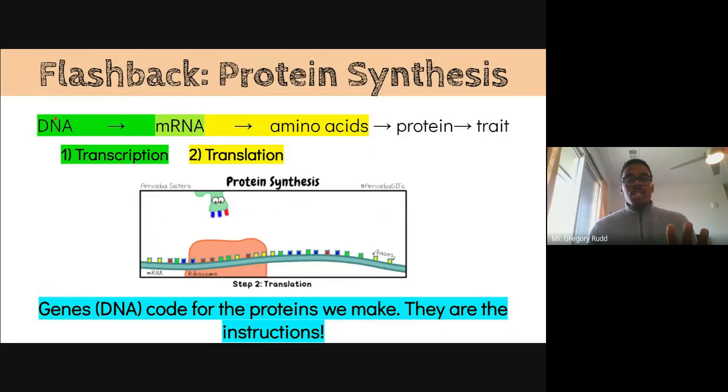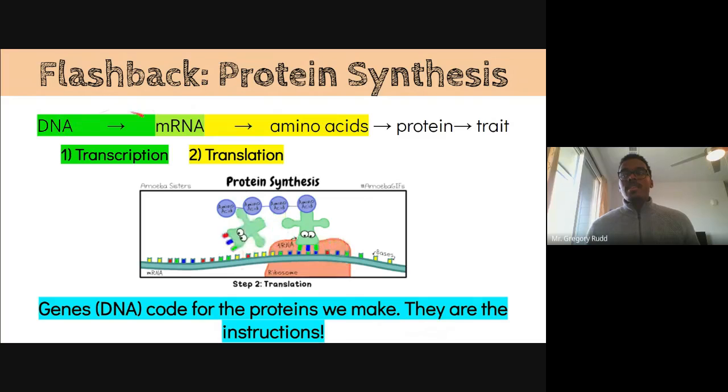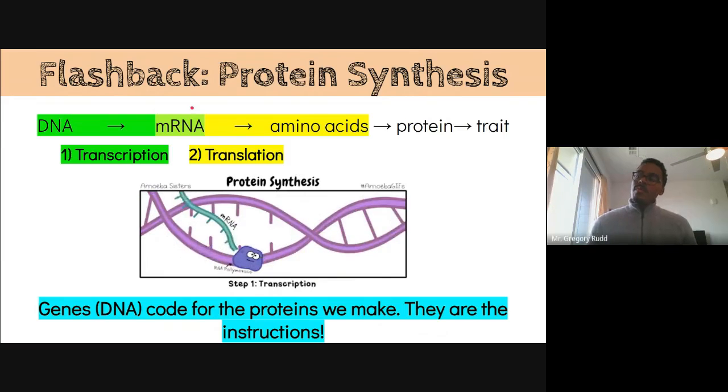It's still in English, but instead of being in spoken language, now you're actually writing it down or typing it out on paper. So that's what we mean when we say transcription. Same language, they're both nucleic acids, but they're just in a slightly different format. RNA has U's and DNA has T's. That's what we mean by a different format.